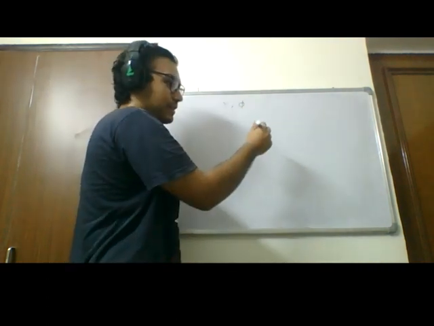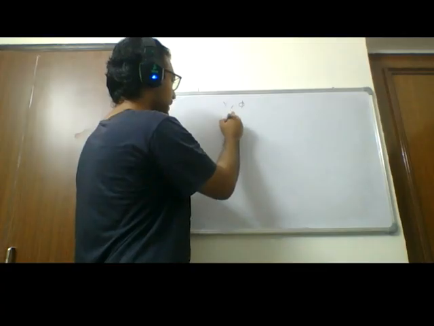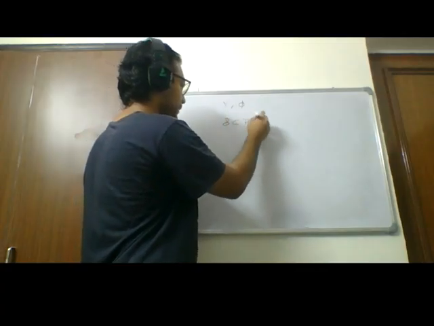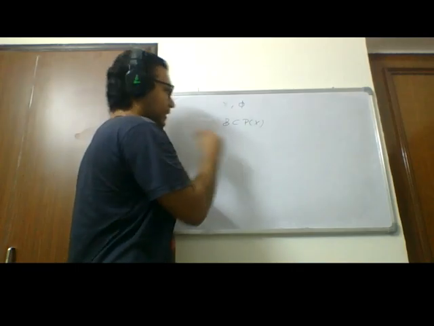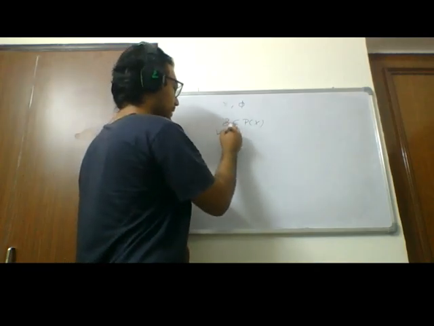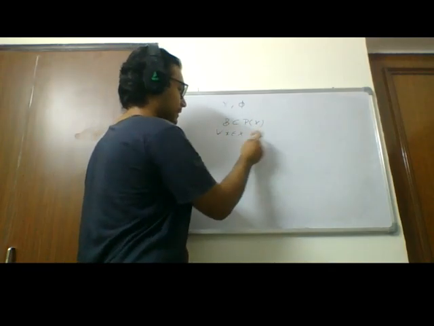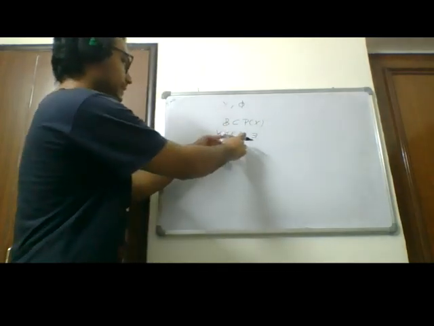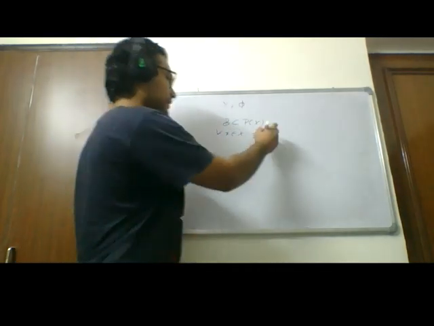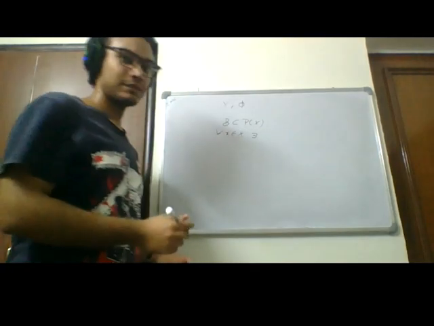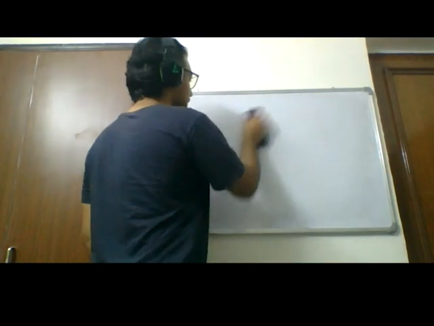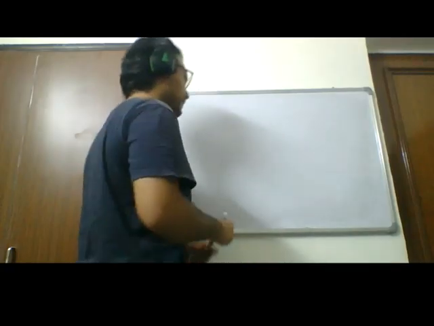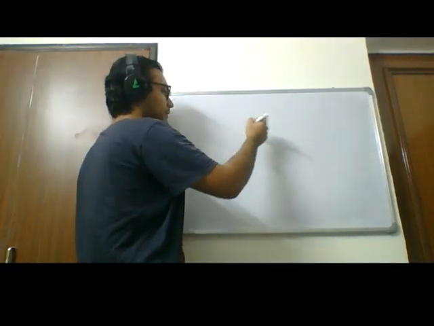For X, since beta is a collection of subsets of X, for all x in X, there exists, by definition, a basis element. So we're done, right? That's where the first part of the definition comes in. And for the second part, we need the subset thing.